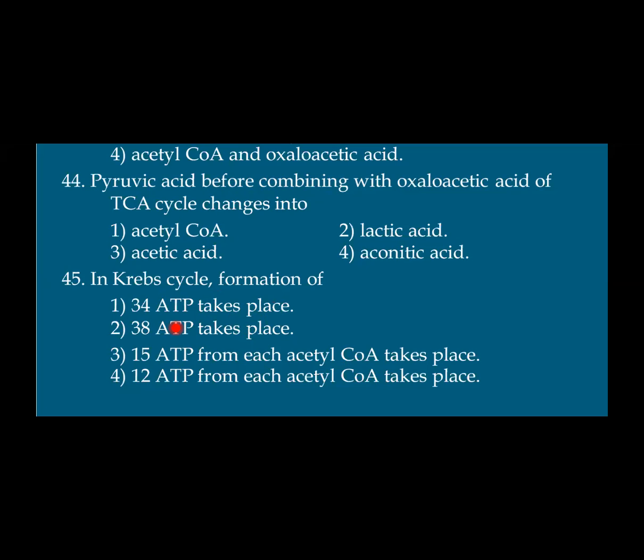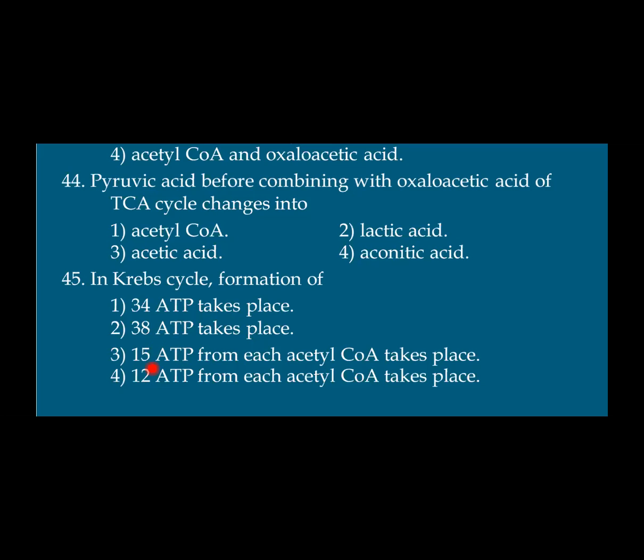So 34 cannot be the answer, because only the Krebs cycle does not contribute to 34 ATPs. Glycolysis also has contribution. Link reaction also has contribution. So option 1 is wrong. Similarly, 38 also is wrong, because entire 38 are never contributed by the Krebs cycle. 1 and 2 both are wrong.